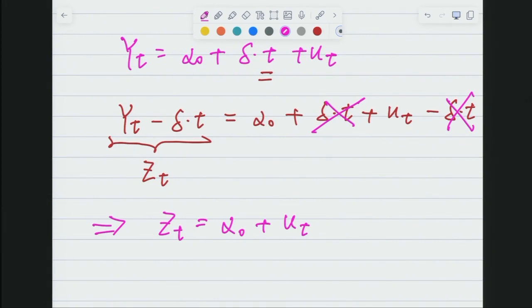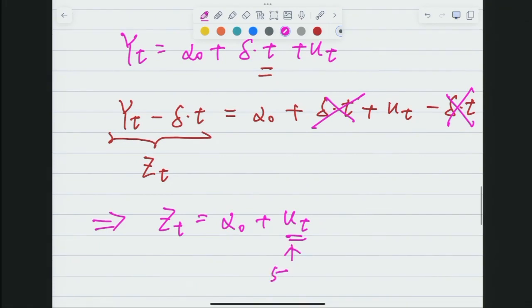Ut is the random variable. The statistical property of zt depends solely on ut, which by construction is stationary because the white noise process is always stationary. Okay, so this is stationary, which implies this must also be stationary. So we can achieve stationarity by subtracting the trend.